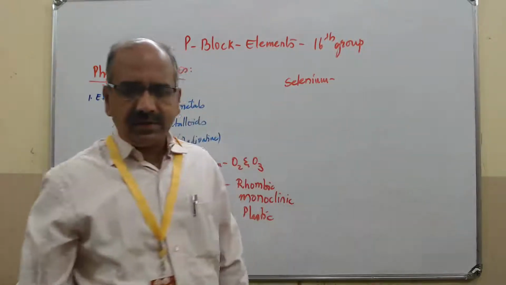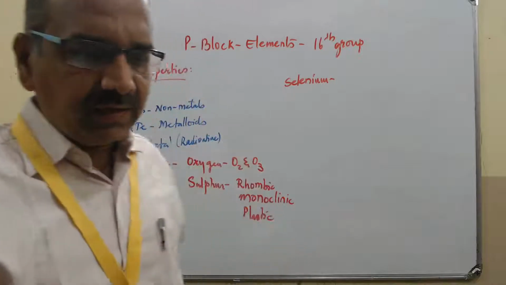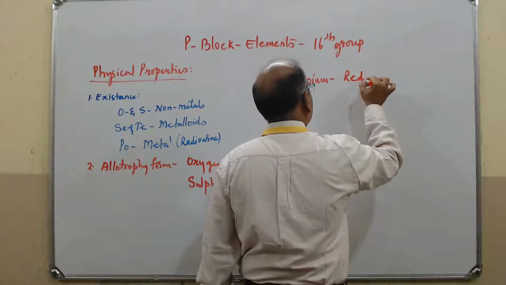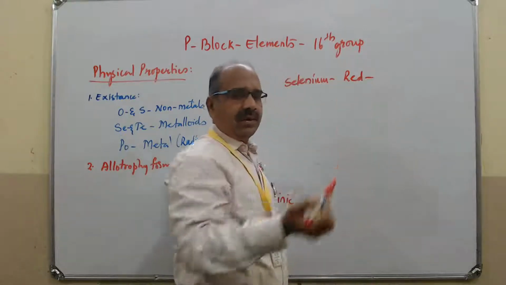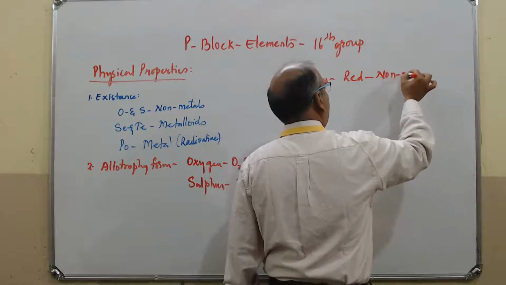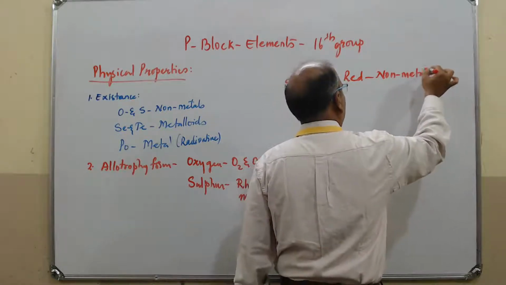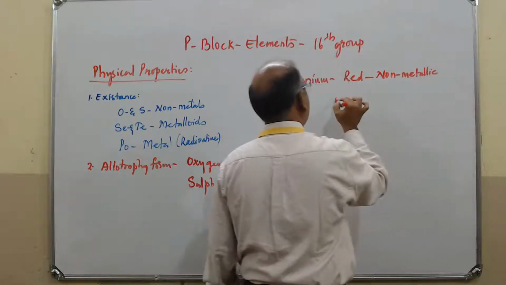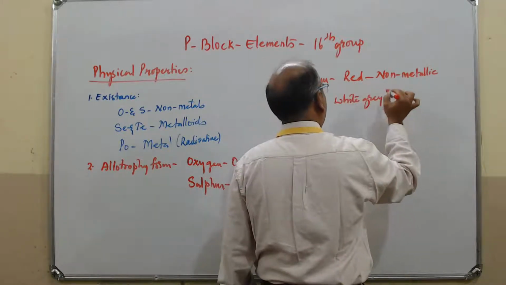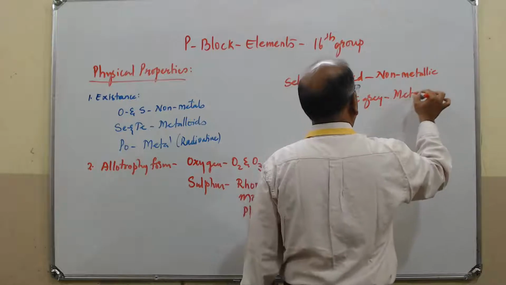Then selenium exists in two forms. One is the red form, which is non-metallic, while the other, the white-gray form, is metallic.